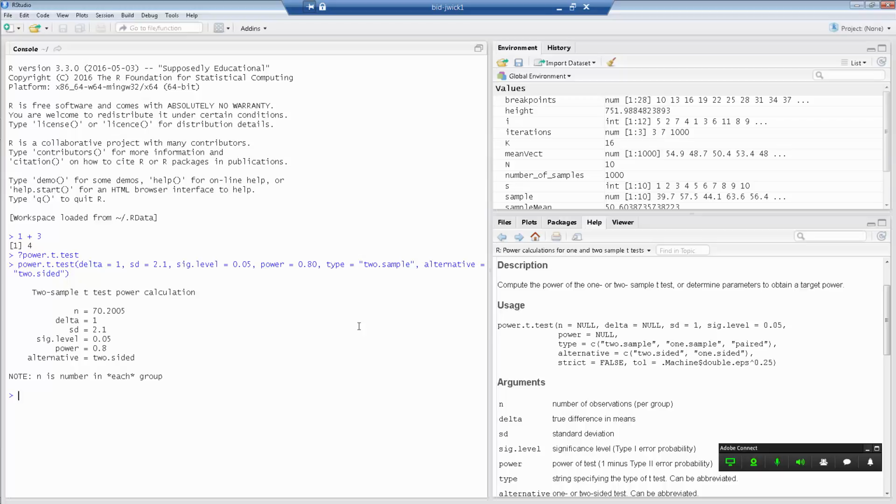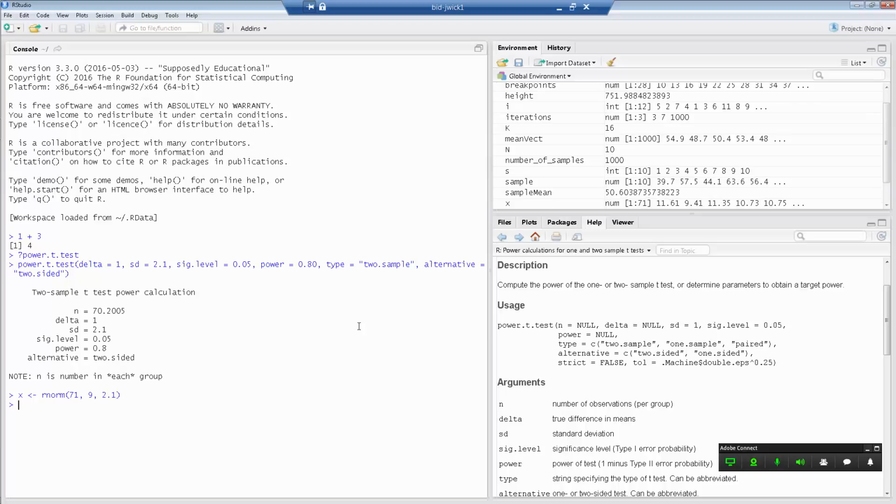What if I have actual data? Let's say I have 71 observations. I'm just using a function in R to generate some random data that has a mean of 9 and a standard deviation of 2.1. So that's data for our treatment group.